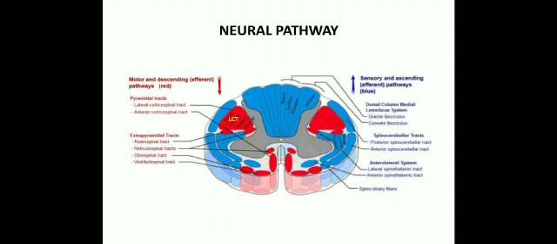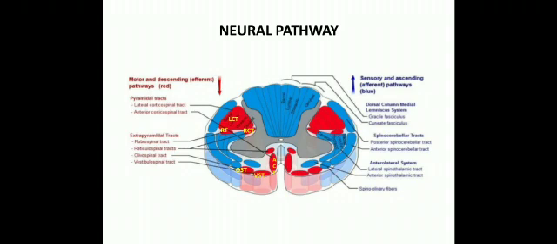The motor pathway includes either pyramidal tracts or extrapyramidal tracts. The pyramidal tracts include the lateral corticospinal tract and the anterior corticospinal tract. The extrapyramidal tracts include the rubrospinal tract, the reticulospinal tract, the olivospinal tract and the vestibulospinal tract.